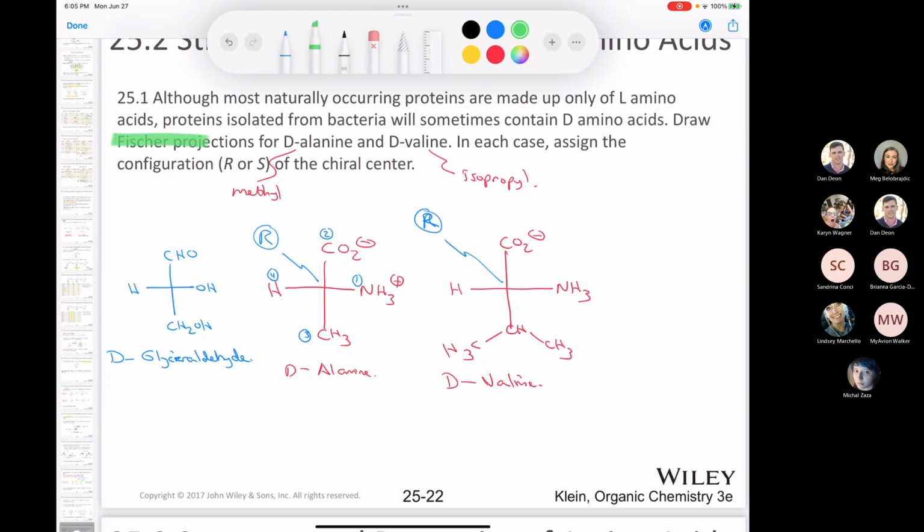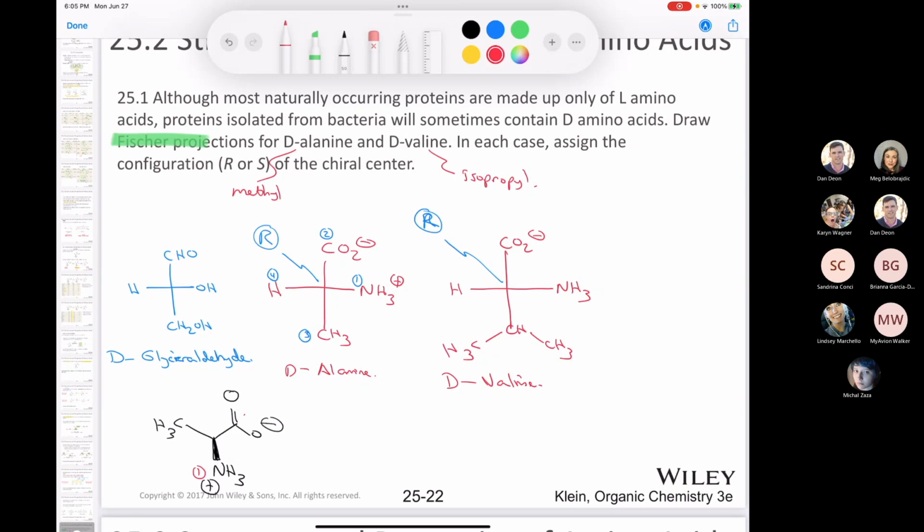However, oftentimes we're not going to draw the amino acids this way. Oftentimes, I like to draw them like this, where I have the carboxylate like this, and then I have the amino group coming down like this. So for alanine, here's my methyl group over here. And the reason I have the nitrogen out in front is because that means the proton is in the back.